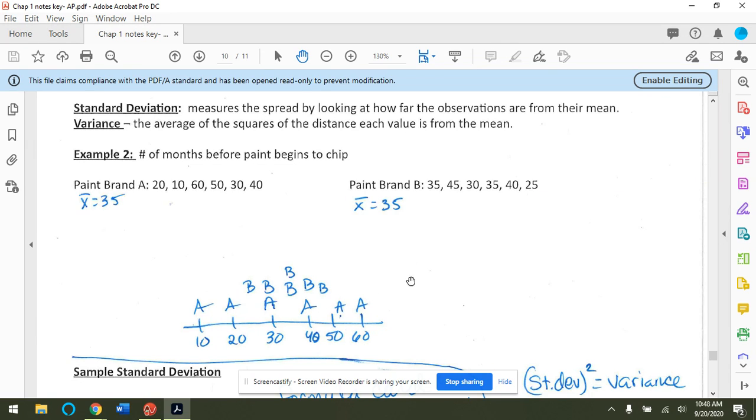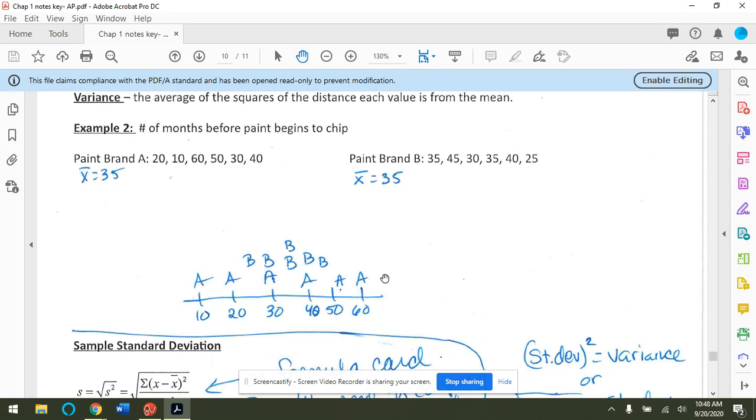If I'm going shopping, both brands can report a true average of 35, but brand B would be wise to also report their standard deviation is very small. I have a good idea of how long my paint is going to last before it starts to chip. Brand A, I might get lucky and it waits 60 months, but I could also get only 10 months and that would be terrible. So I, looking at this, would much prefer to buy brand B for my paint.